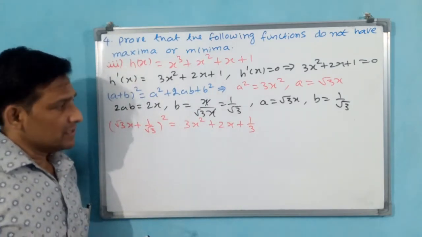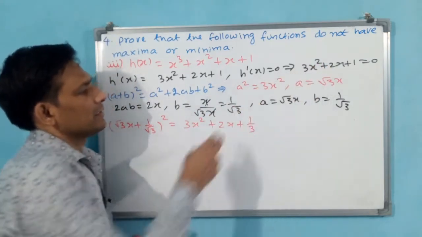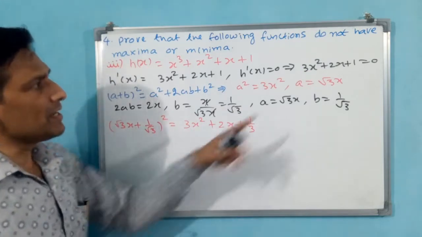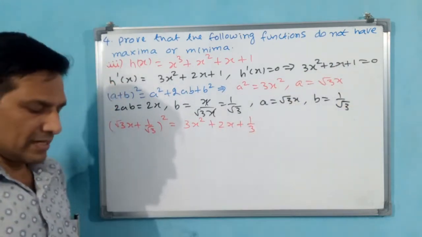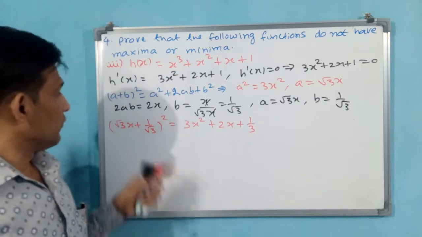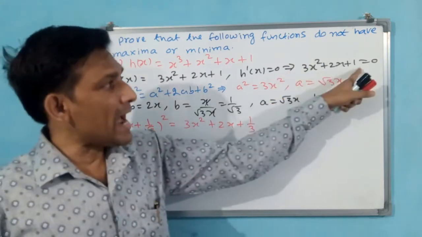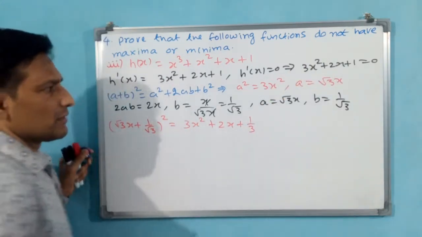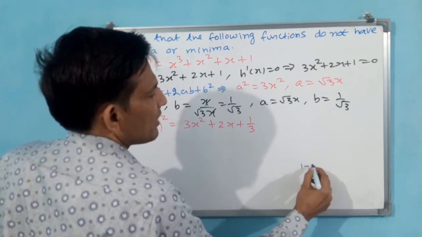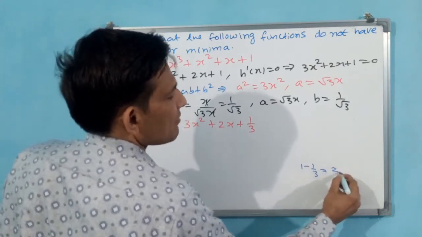Is it equal to h dash x? No. Why? Because here 1 is there, and here 1 by 3 is there. So you have to add 2 by 3 to get 1, that means 1 minus 1 by 3, which is 3 minus 1, 2 by 3.